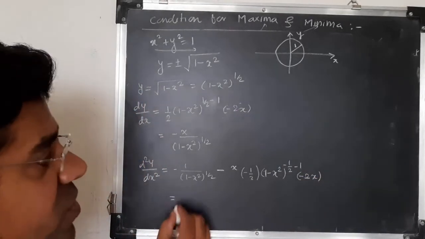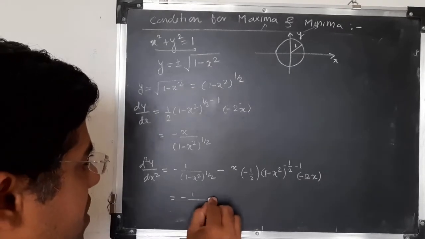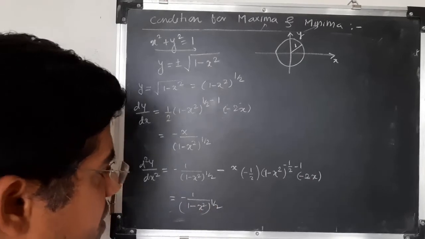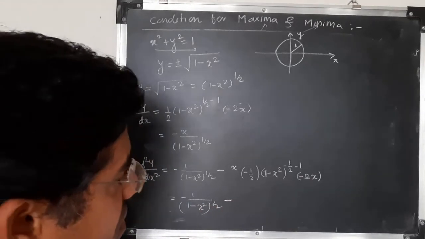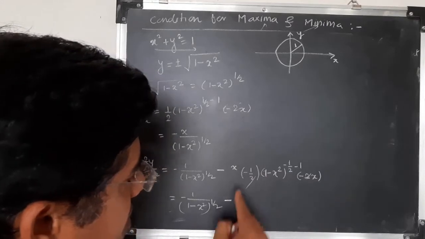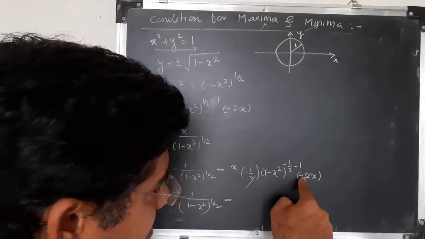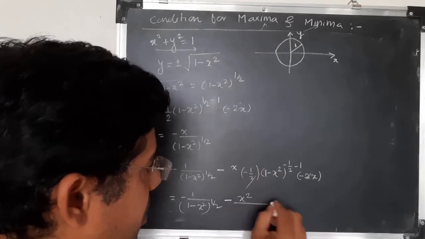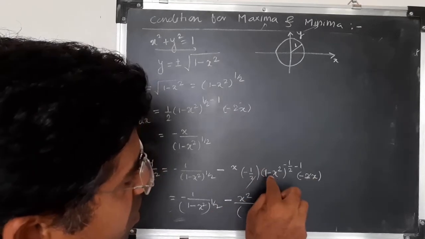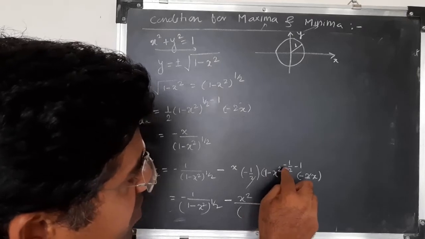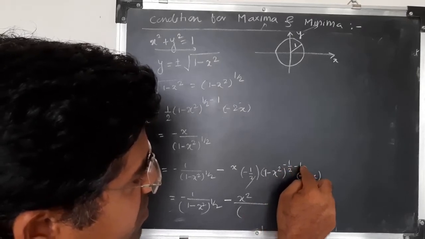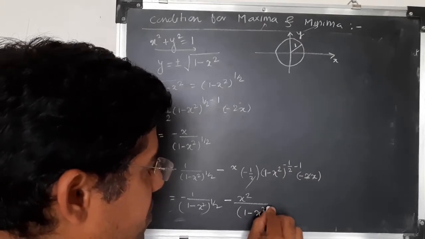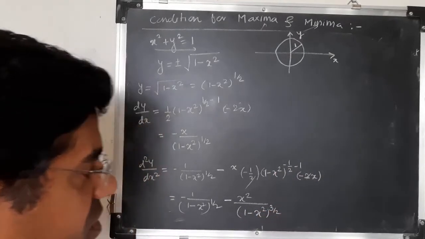So what is remaining over here is minus 1 upon 1 minus x square raised to half, minus, minus minus is plus, and again x times x is x square, upon 1 minus x square raised to minus half minus 1, so minus 3 by 2. When it comes down, we get minus 1 over 1 minus x square raised to 3 by 2.